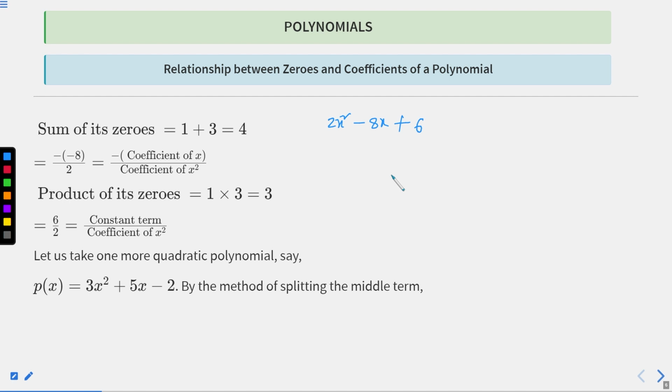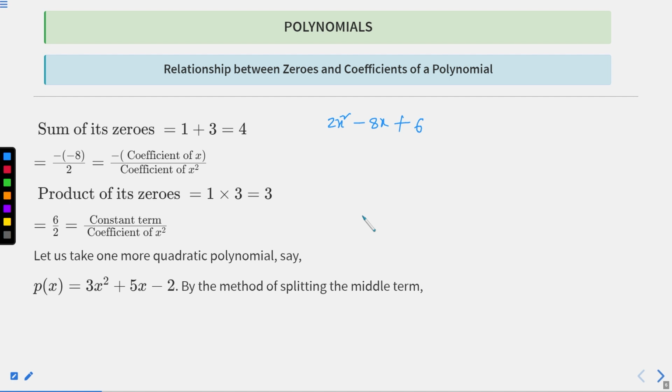So the sum of its zeros, that is 1 plus 3, is equal to 4, and this is equal to minus of minus 8 by 2, which is basically minus coefficient of x divided by coefficient of x squared, since the coefficient of x is minus 8 and the coefficient of x squared is 2.